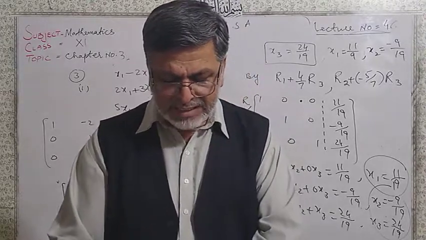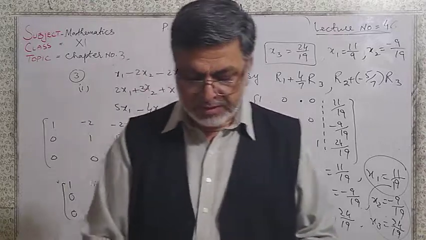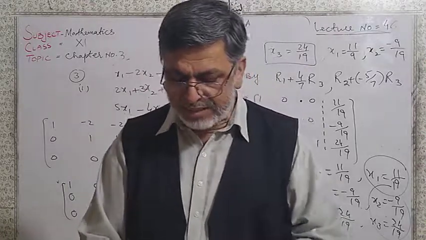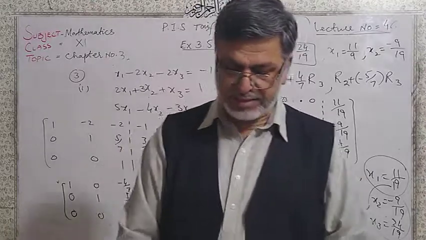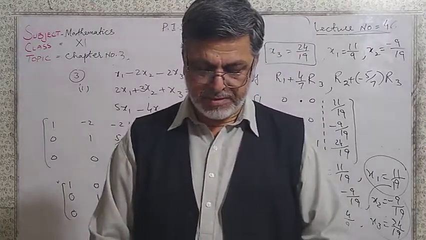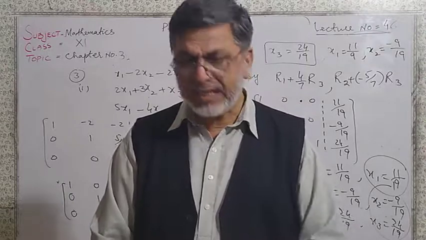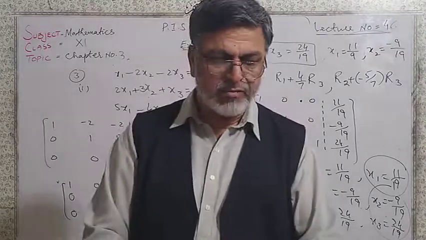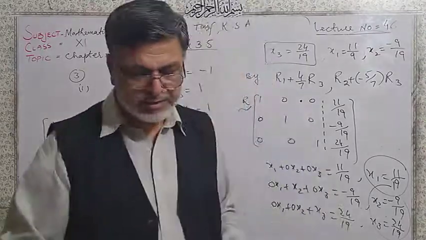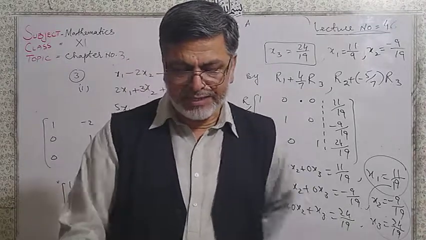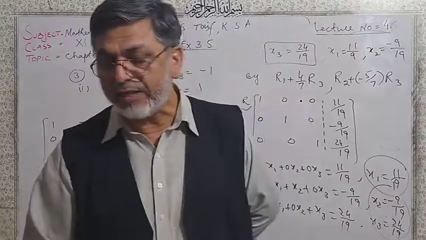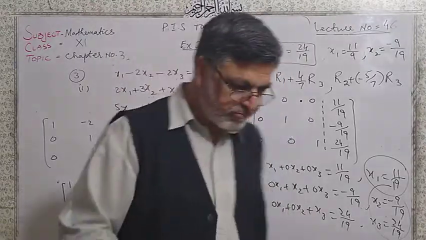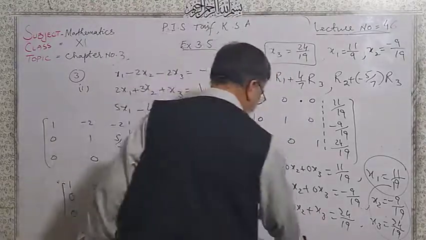Remember that in case of question number 4, solve the following system of homogeneous linear equations. In case of homogeneous linear equations, we have to solve it in such a way that first of all we will confirm that their determinant value is equal to 0. And after that we will find their answers.